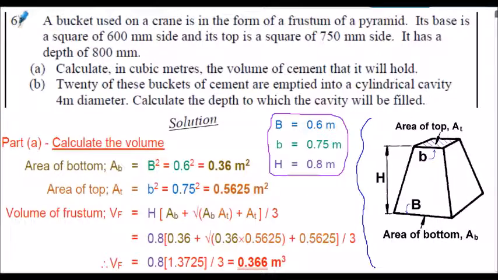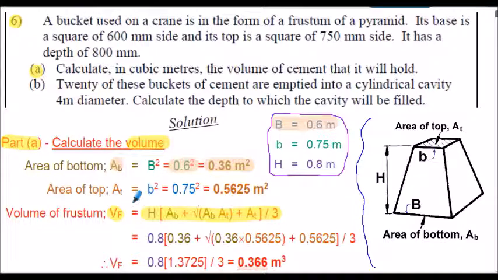So question 6 continued. This is part A here, and we're calculating the volume. To calculate the volume of the frustum, here's the volume formula shown here. We need to calculate the area of the base. So in this case, the area of the base would be 0.6 squared, given B is 0.6.